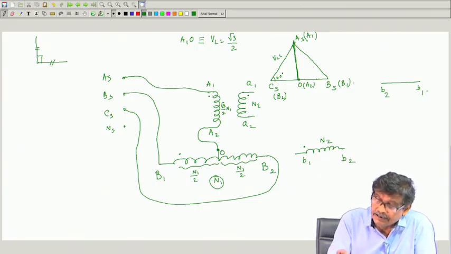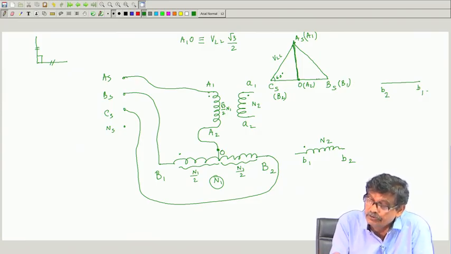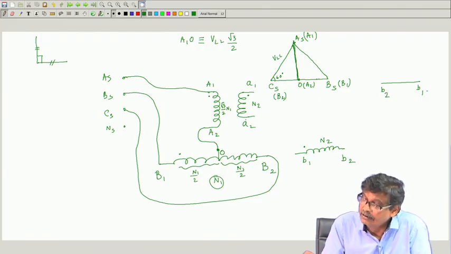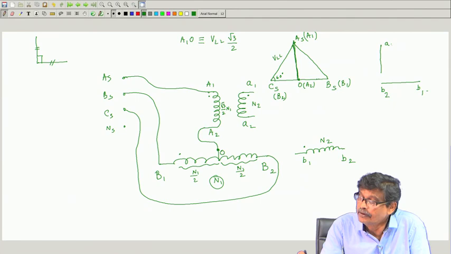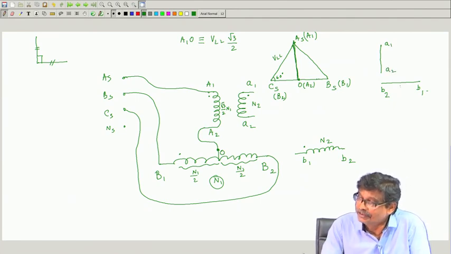To the primary of transformer A, I have applied this voltage. Therefore, the induced voltage on the secondary will also be parallel to this, that is A1, A2. I want this length to be the same as this length.